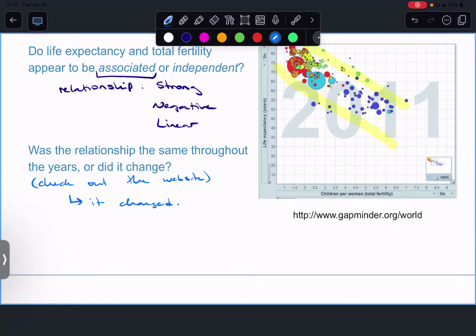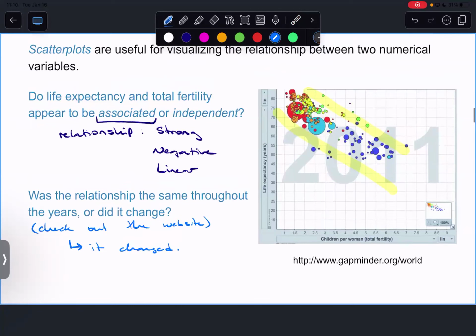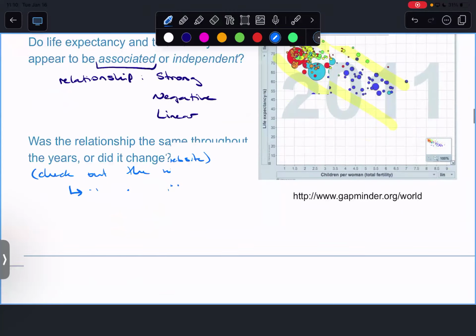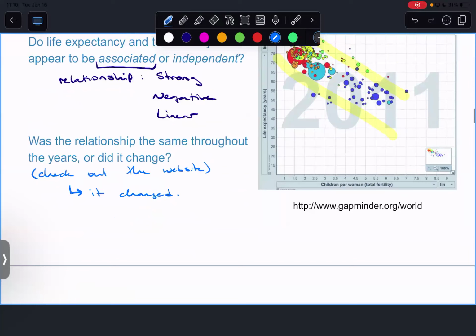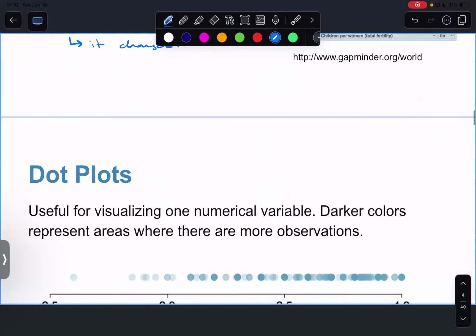It's just kind of fun to play around with. And they've got all kinds of different variables to play around with. Okay. So there's the official end of the review because we talked about scatter plots the last day.